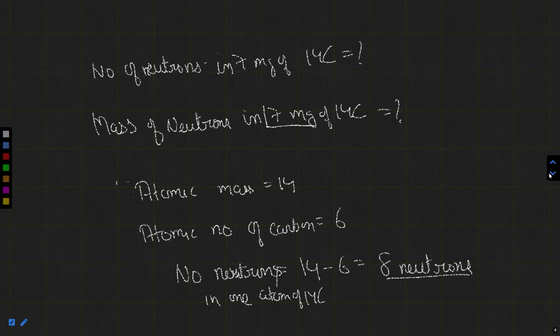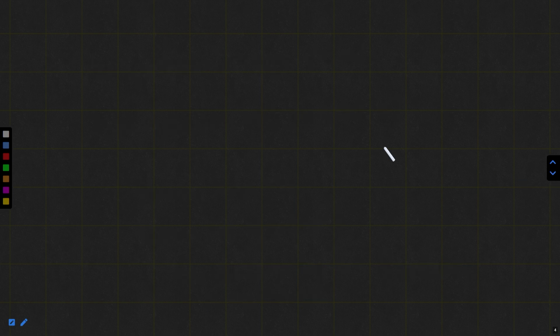So first of all, let us try to find out the number of 14C carbon atoms in 7 mg. How will we find it? Here the atomic mass is given as 14 gram.